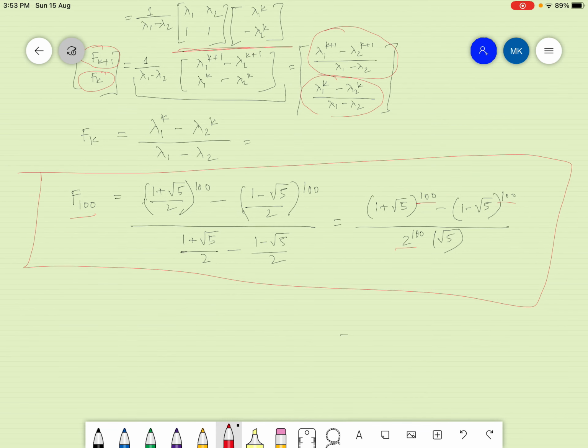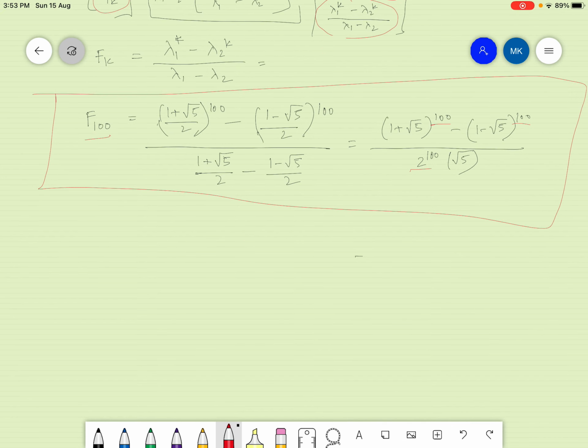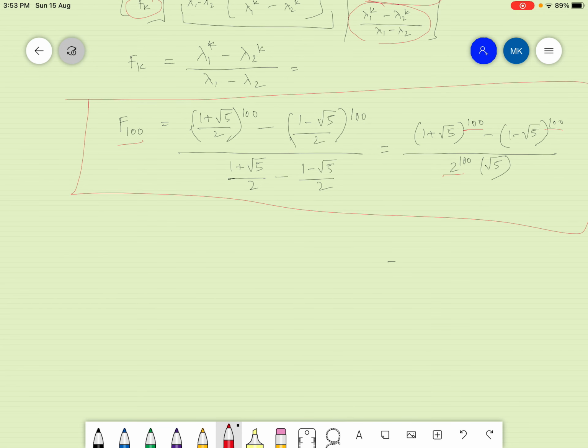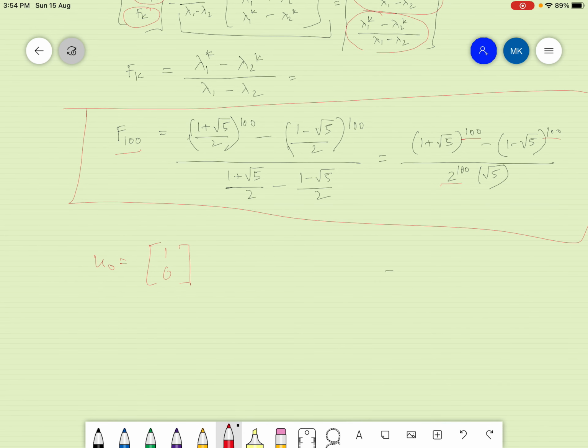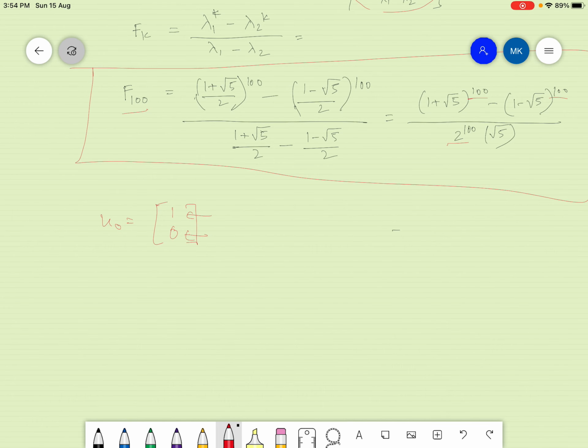So I think I should give you a homework. Let's say you have u naught equals to 1 0. That means the first two terms of a particular series are 0 and 1, and the matrix it follows is 1 2 1 0.